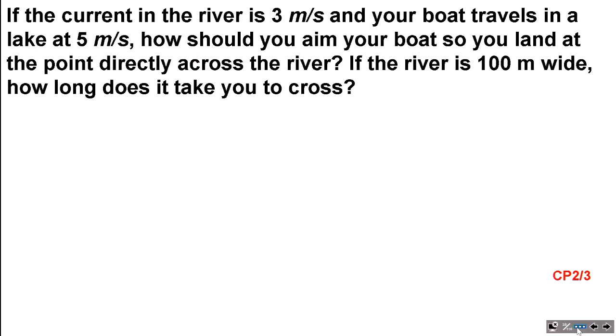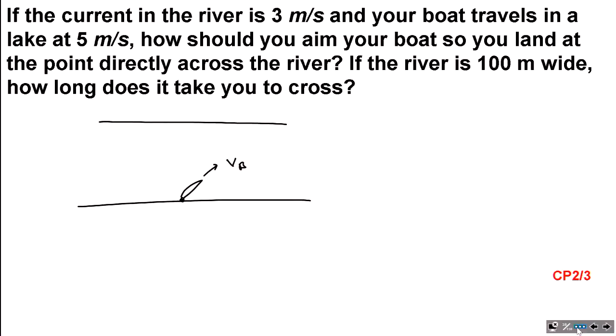So again, same picture. We start here. We aim the boat like that. This arrow should represent the velocity of the boat relative to water. An observer on the ground watching how you travel sees you travel straight across.